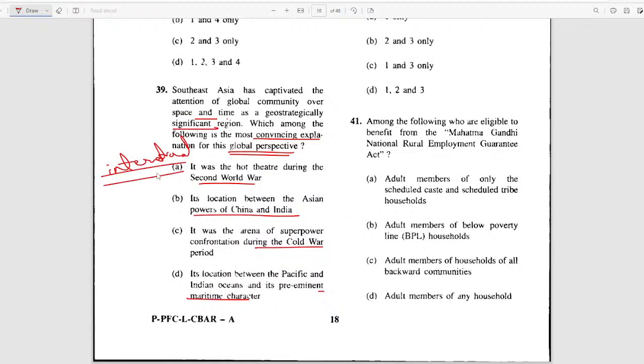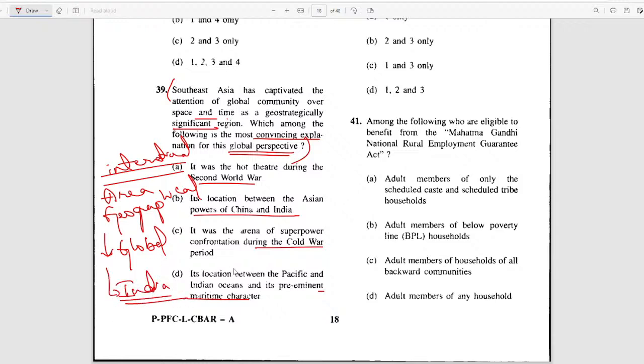Now in this question they have asked why a particular geographical area is important. One, importance at the global level, and importance particularly to India.